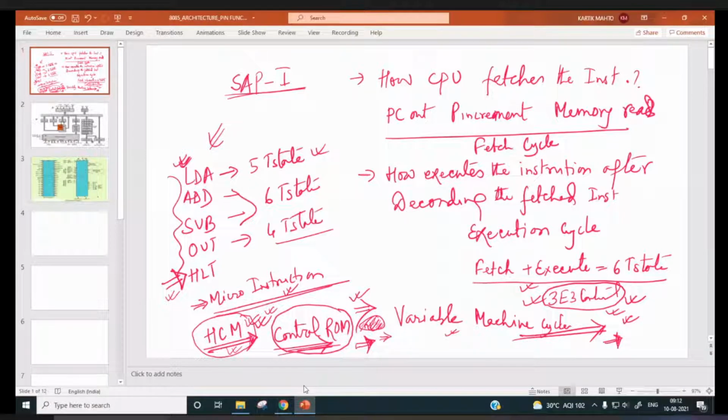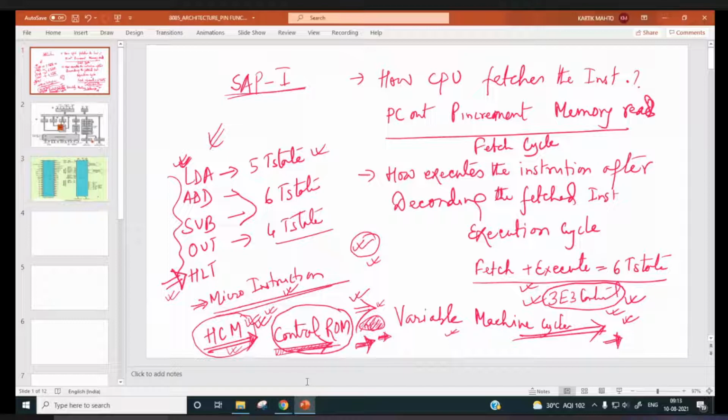But of course, in that case, the system will become a little bit slower, because taking out the micro instructions from a ROM device is a little bit slower. Anyway, we need to understand these many things before moving to the microprocessor 8085.